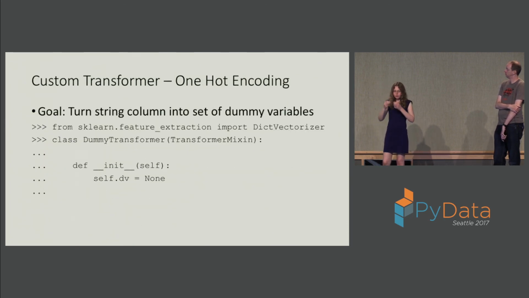Okay, so in the dummy transformer, what it does is it creates a flag column for each of the parks that would show up in the training data. And so when a new value comes along, all the dict vectorizer is going to do is say, I've never heard of this value. You get zeros for each of those flag columns.